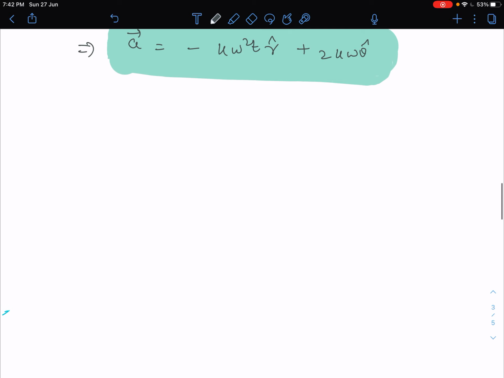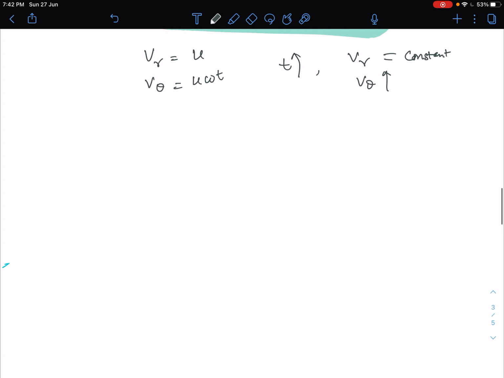Now let us plot the trajectory of the particle as a function of time. It is important to note that Vr is u and Vθ is u omega t. As t increases, Vr will remain constant, but Vθ will increase over time since it is linearly proportional to time.